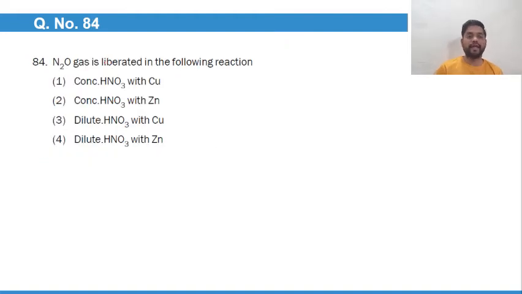84. N2O gas is liberated in the following reaction. Okay, you should know this thing. Again, a memory based question. N2O gas is liberated when dilute nitric acid is treated with zinc. This is the reaction. If I want to write the reaction, something around 4 moles of zinc reacts with 10 moles of HNO3, which obviously has to be dilute.